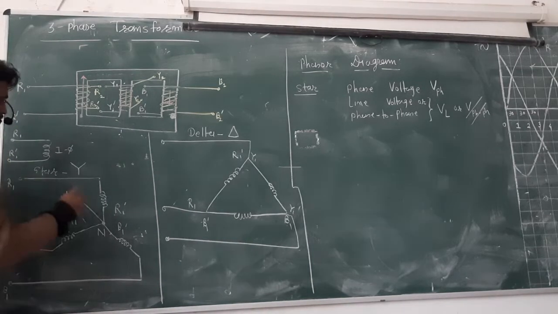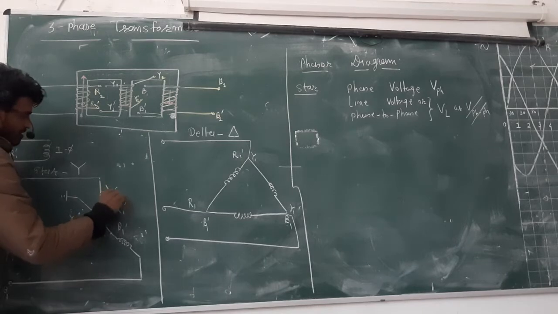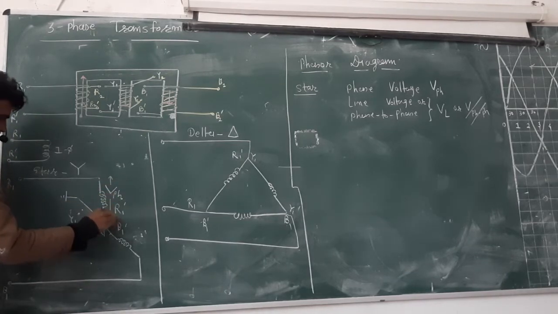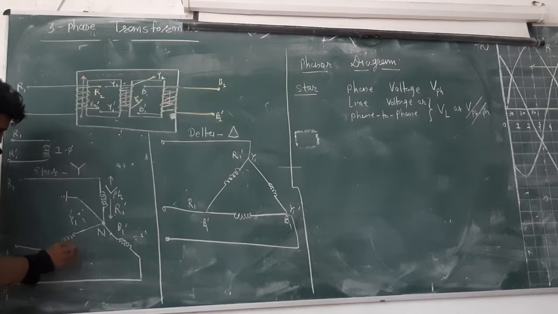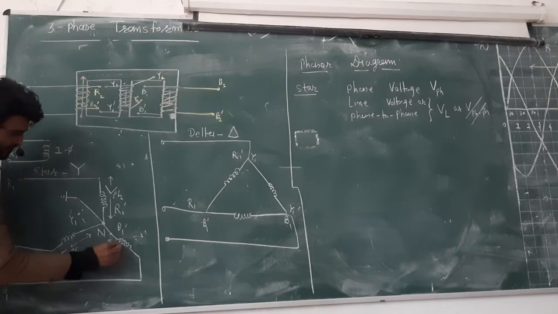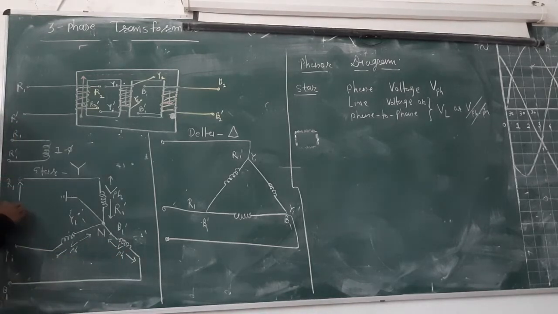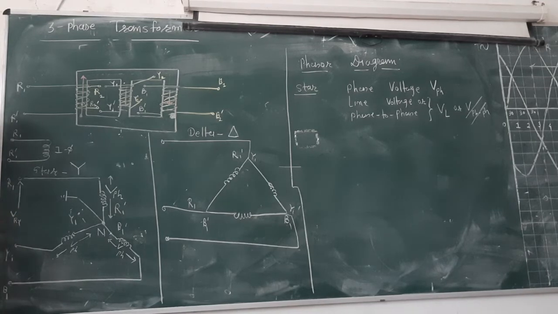What I am going to do now is mark the phase voltage here, phase voltage here, and phase voltage here. And what is the line voltage? This is the line voltage between R and Y. I can write it this way also, VL.